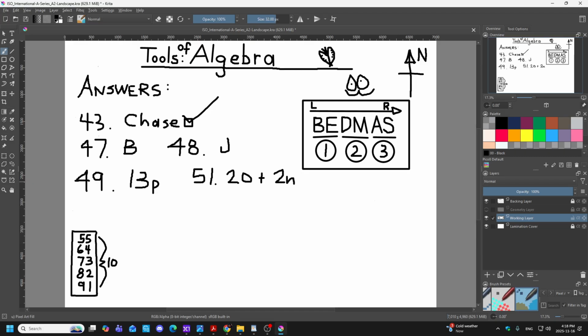Okay. 50 would be 1/8 of number B, so 1/8.